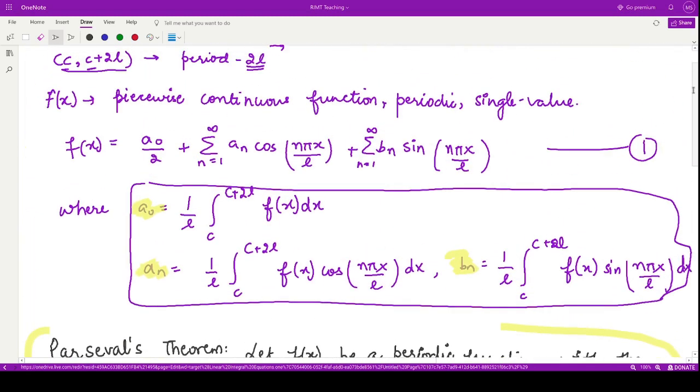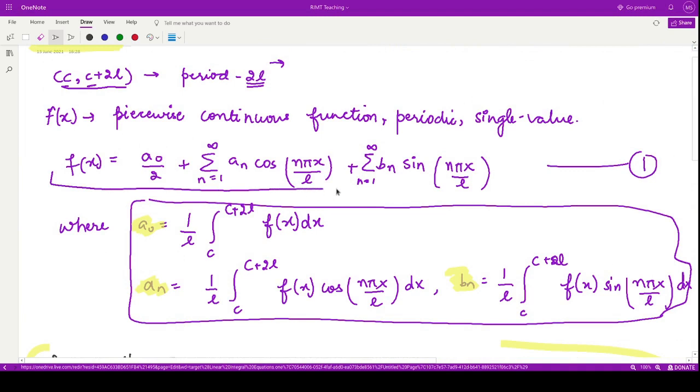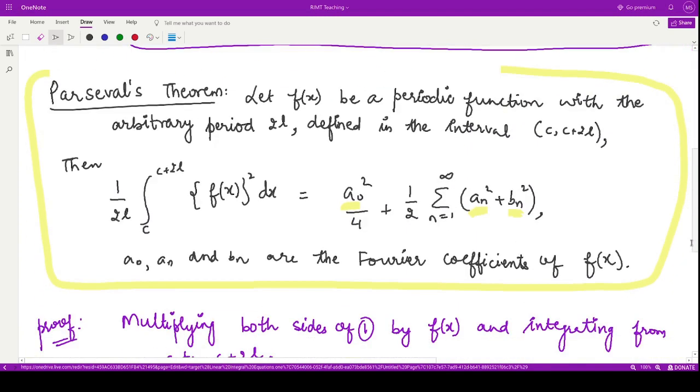Let me show you once what our equation 1 is. So this is our equation 1. We'll multiply by f of x and then perform the integration.